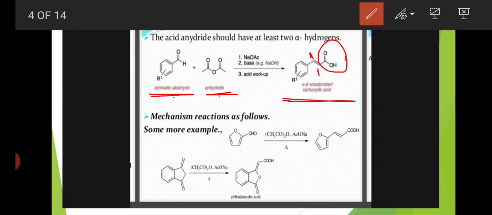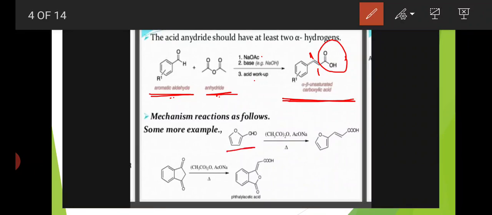So alpha beta unsaturated carboxylic acid is formed. The mechanism is as follows. Some more examples.